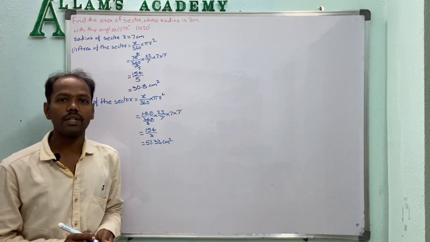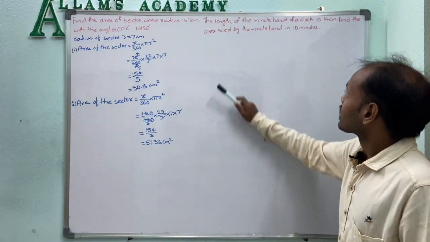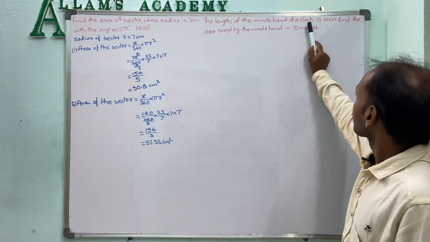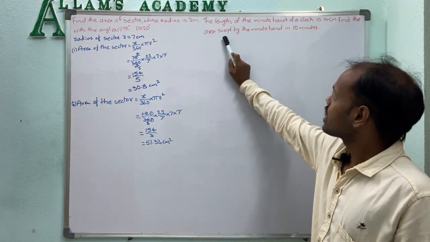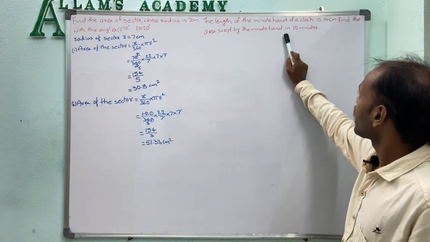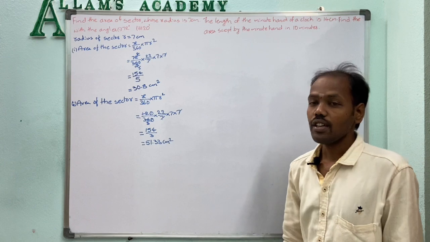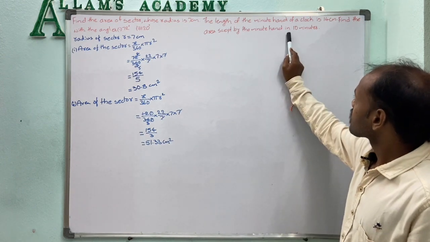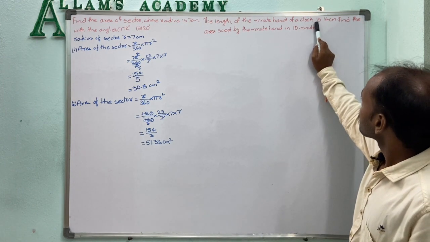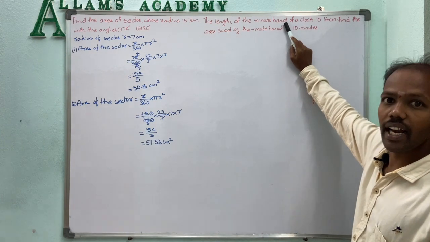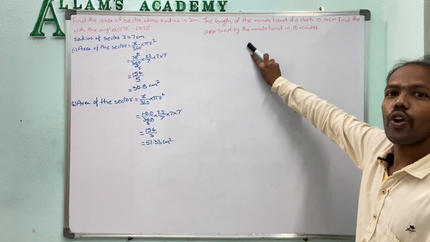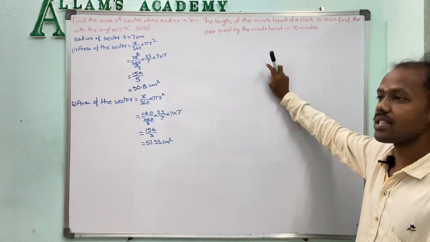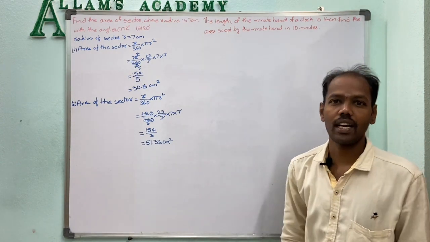51.33 centimeter square. The length of the minute hand of a clock is 14 centimeters. Find the area swept by the minute hand in 10 minutes. So in 10 minutes, how much area is swept by the 14 centimeter minute hand of the clock? That means it rotates through some distance, and the covered area is asked.